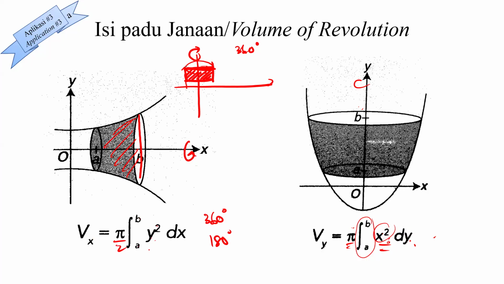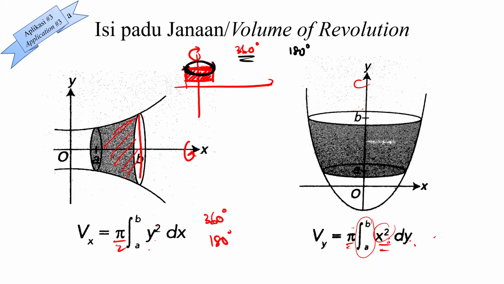At this point you only spin 180 degrees, and this one spins another time. So actually with 180 degrees, you already get a full 360-degree shape. But if you revolve 360 degrees, it spins 2 times, it is still the same volume after all. No need to divide by 2.